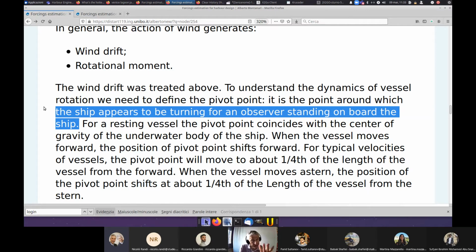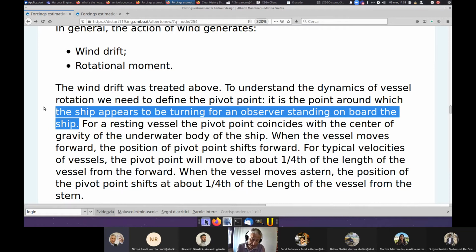This is something that you can understand because what matters for the ship rotation is the underwater body, which has a center of gravity, and by intuition you can get that this center of gravity of the underwater body is precisely coincident with the pivot point, because the underwater body of the ship is what keeps the ship stable.